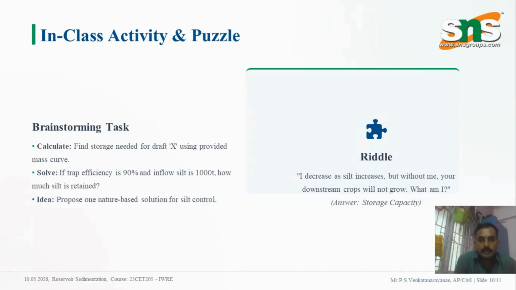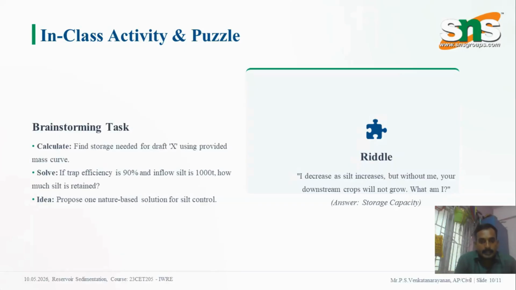Now let us test our understanding with a few interactive questions. Here is the riddle. I decrease as silt increases, but without me, downstream crops will not grow. Who am I? The answer is storage capacity. Next, if trap efficiency is 90% and inflow sediment is 1000 tons, how much sediment is retained inside the reservoir?